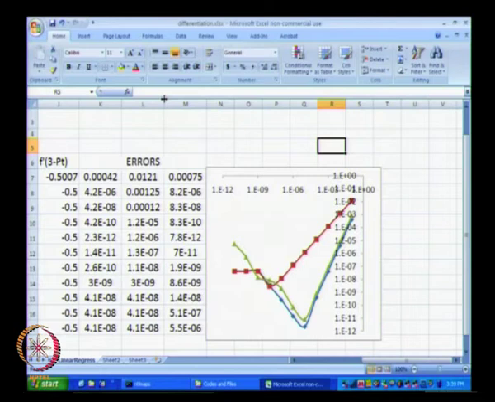So, the overall take home message that we get from the Excel results is that number 1, the errors in the central difference formula tend to be lower than the errors in the forward difference formula.